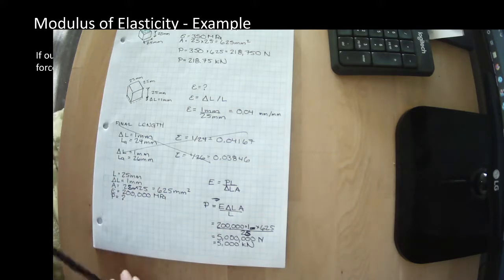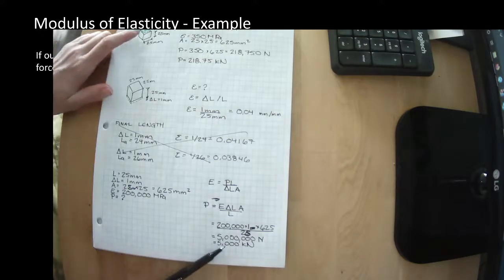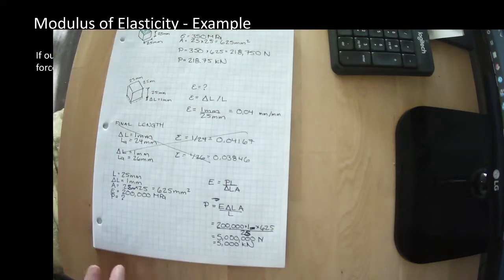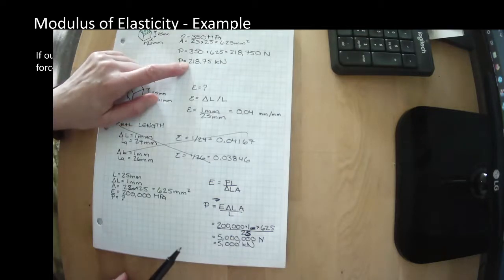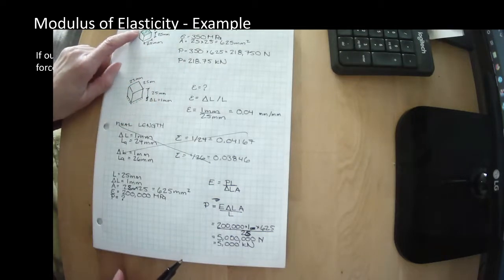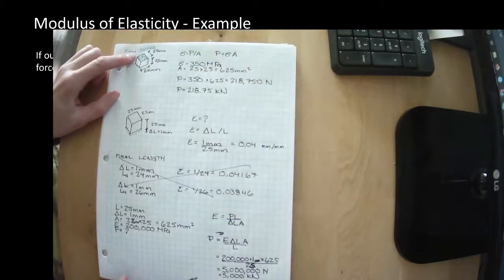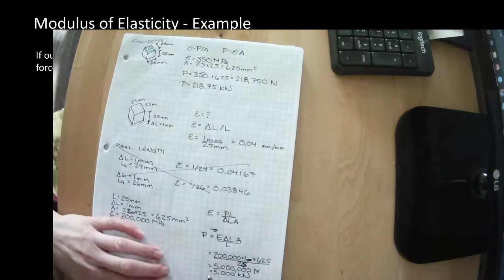But it doesn't look like we can move it 1 millimeter because we've exceeded the amount of stress that we could have put on this thing. We know that this was the maximum force that we could see because that was the maximum stress they told us we were allowed to have on this cube. So this couldn't possibly be right. So this won't work.